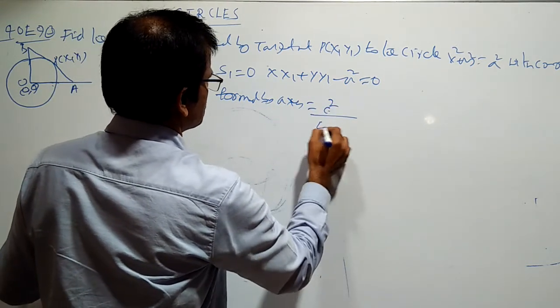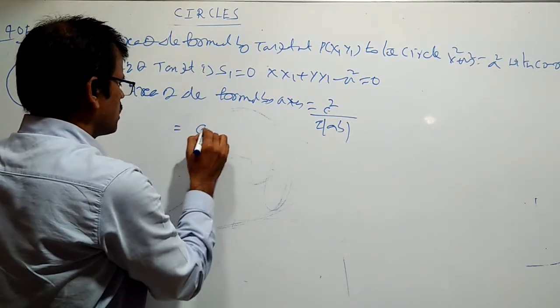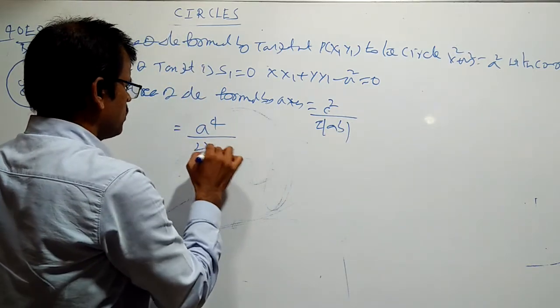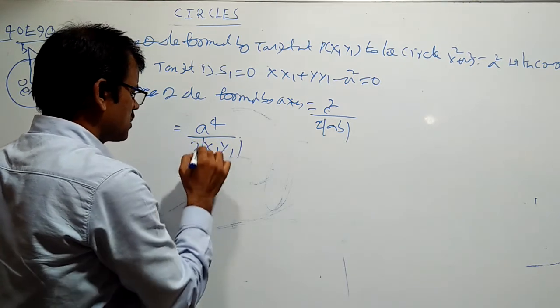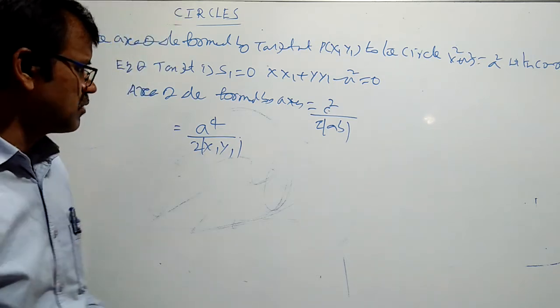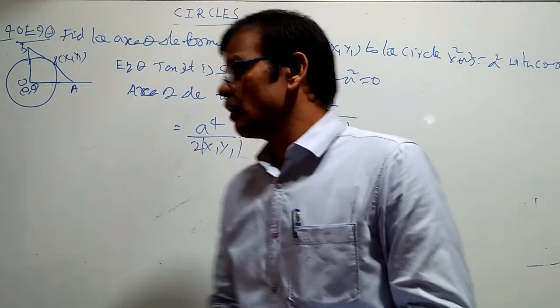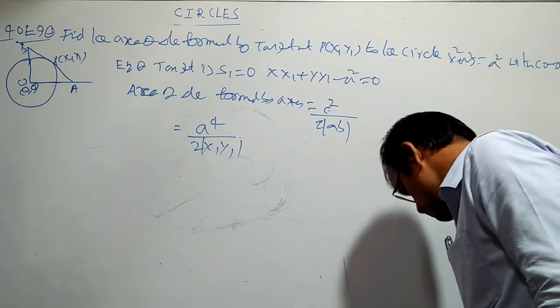Plenty of times we discussed in the objective that it is c square by 2 mod ab. So what is c square here? It is a power 4 by 2x1y1. That's all. Put modulus because the area is always positive. c square by 2 mod ab is the formula. This is the level 1 class work 22nd question in the objective.